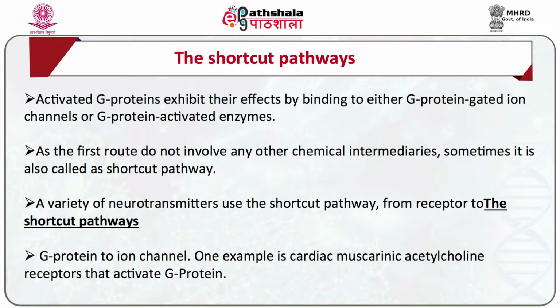Activated G proteins exert their effects by binding to either G protein gated ion channels or G protein activated enzymes. As the first route does not involve any other chemical intermediaries, it is sometimes called the shortcut pathway. A variety of neurotransmitters use the shortcut pathway from receptors to G proteins to ion channels.